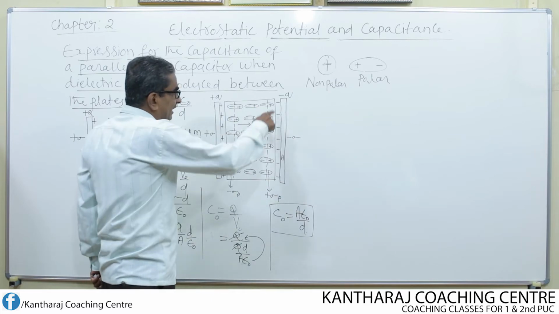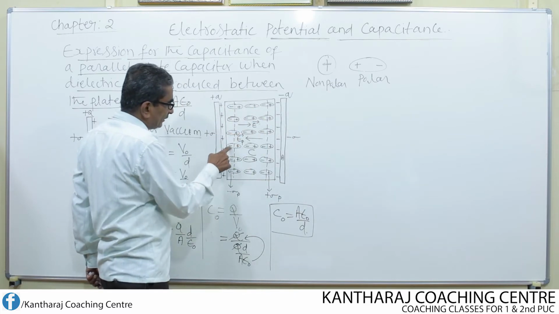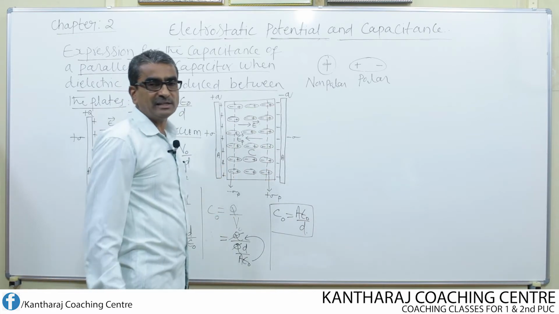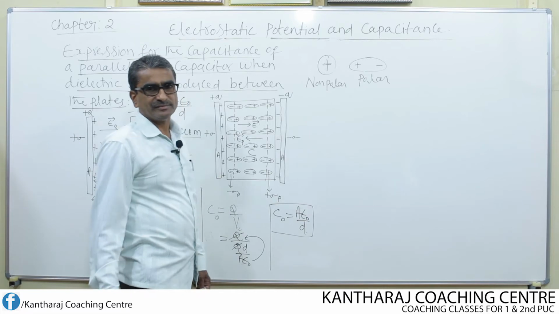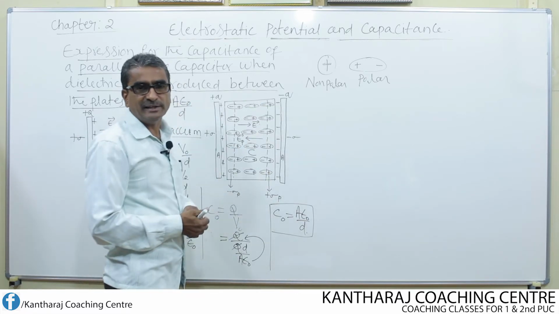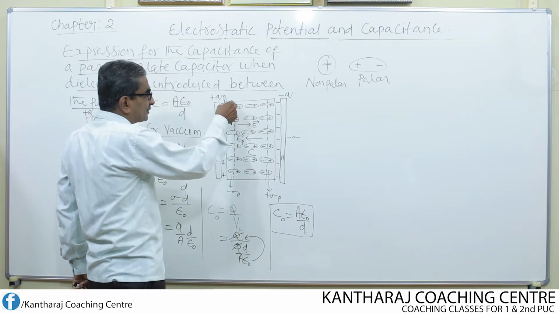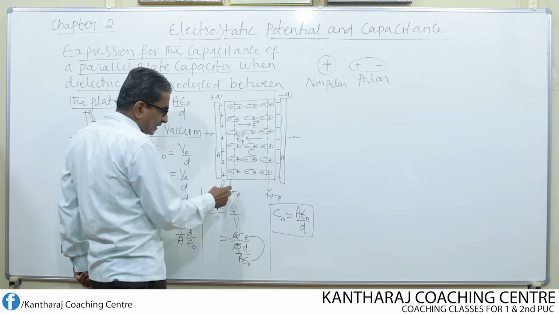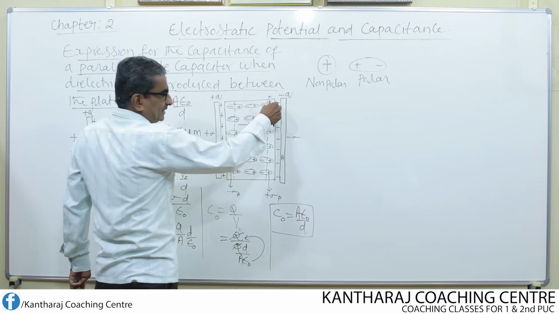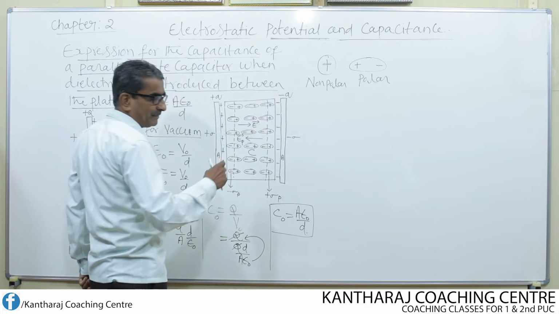These charges, negative, negative, negative, and positive, positive, positive, are known as induced charges. Layer of negative charges, layer of positive charges known as induced charges. What is the surface density of charge of the induced negative charge? Minus sigma p. What is the surface density of charge of the induced positive charges? It is plus sigma p.